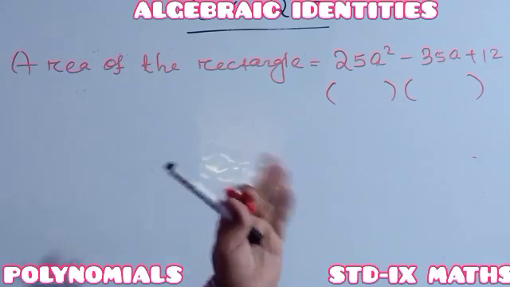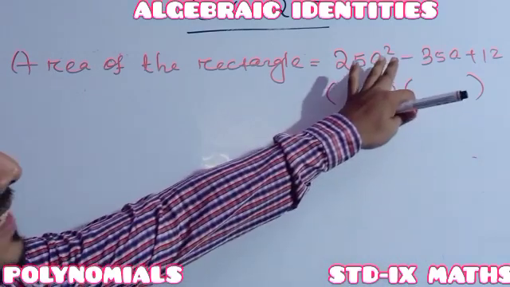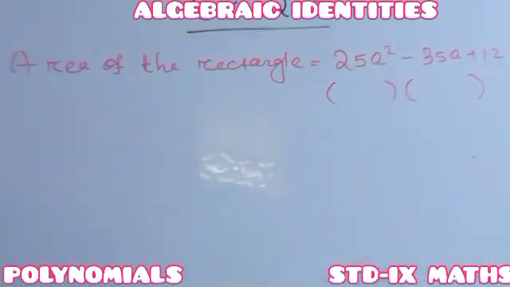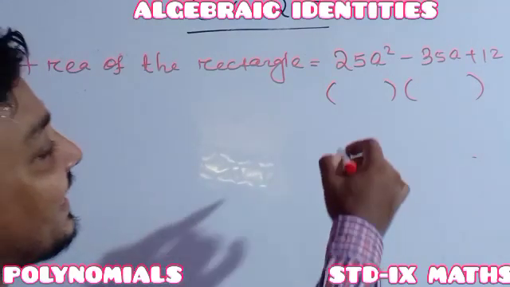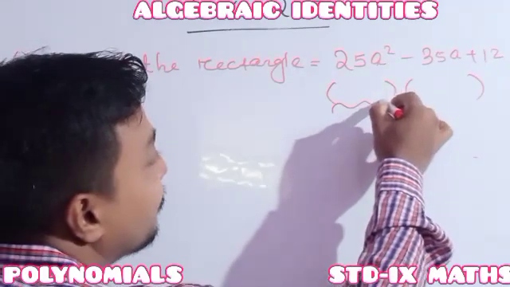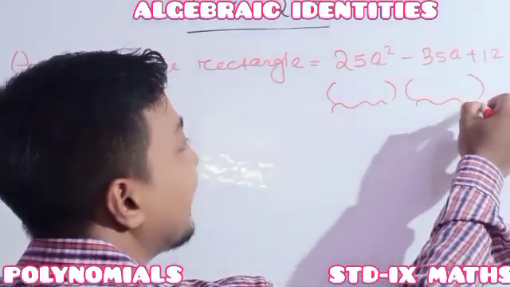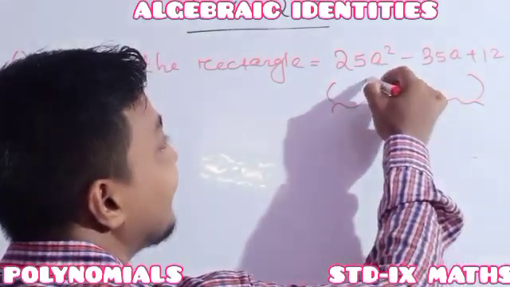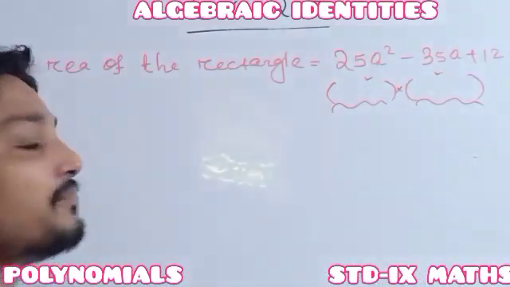So the area is this much, but you have to express the area in the form of length and breadth, such that I can say what the length is and what the breadth is.